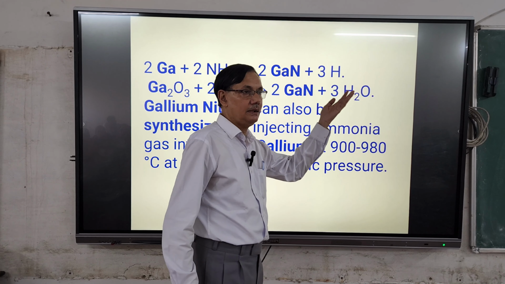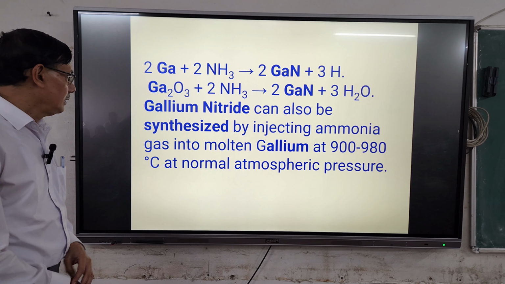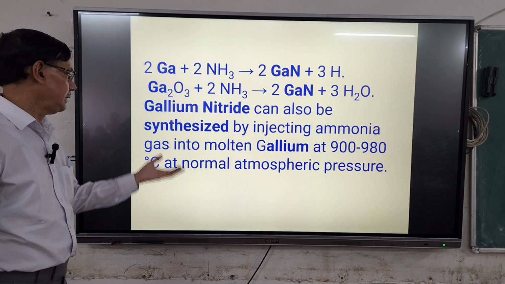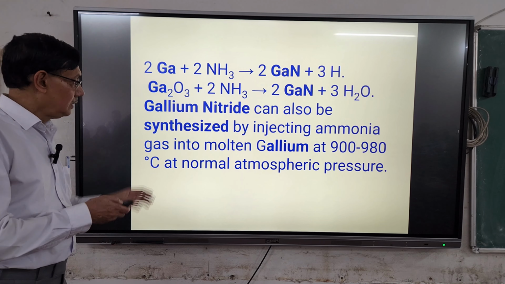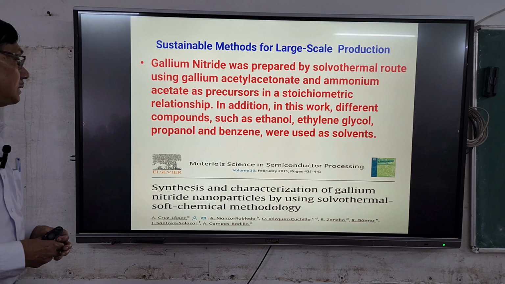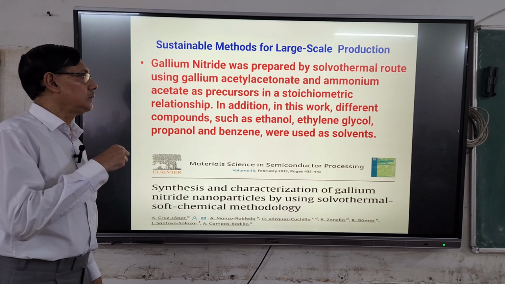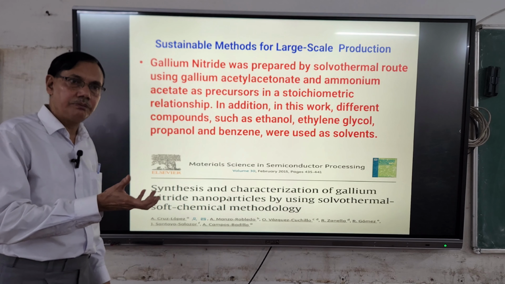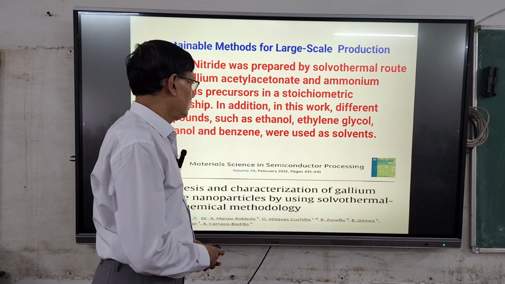But here gallium nitride can also be synthesized by injecting ammonia gas into molten gallium at very high temperature at normal atmosphere. This is a very old method. People are not using this method. I am coming to a new method that is called the sustainable method, because it has tremendous application in industry, in the optical industry, optoelectronics industry, sensors.